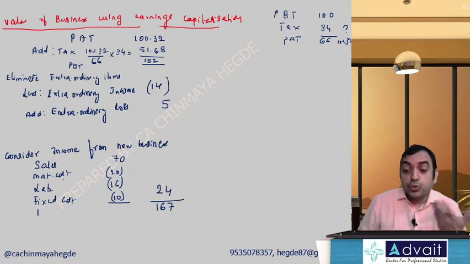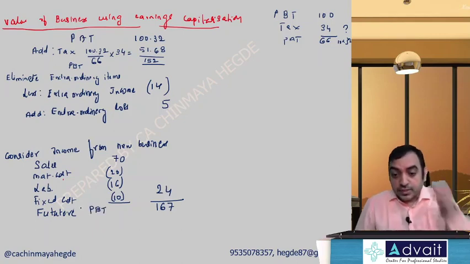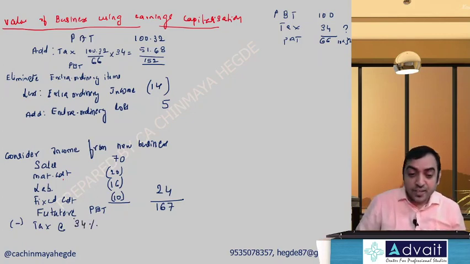So we'll say future maintainable profits, or future profit before tax. Some people say future maintainable profits, but we need after tax. So minus tax. No change in tax rate, so we can take 34% itself. Sometimes the future tax rate can be different.